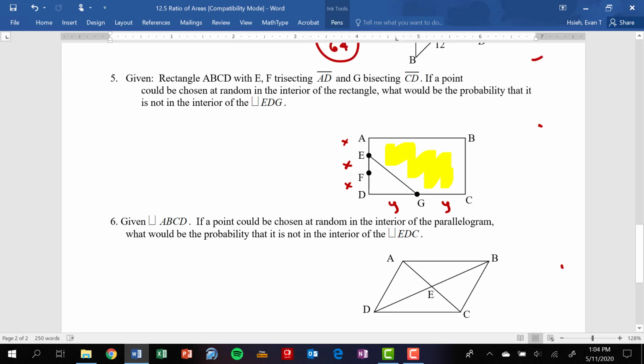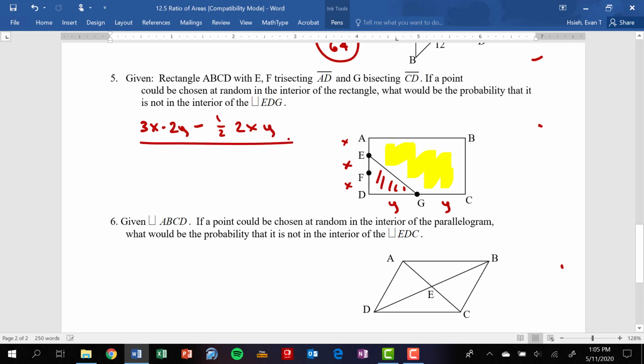And so what I'll do is I know that the entire figure is going to have the area of 3x times 2y. That's just the area of a rectangle. And I want to subtract this area right here, the triangle, which is 1/2 of 2x times y.